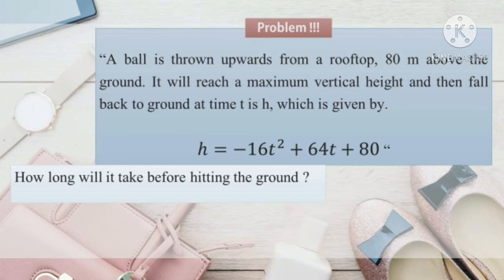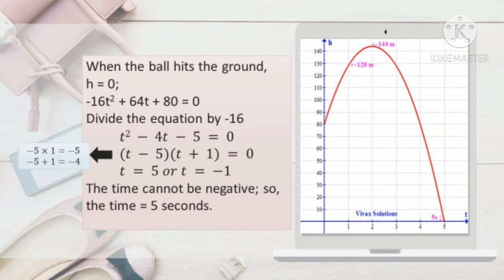And this is the problem at the opening of the video. Let's finish it together. We will find the time before hitting the ground. When the ball hits the ground, h equals 0. We know the equation: minus 16t squared plus 64t plus 80 equals 0.